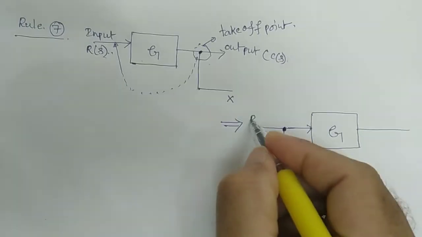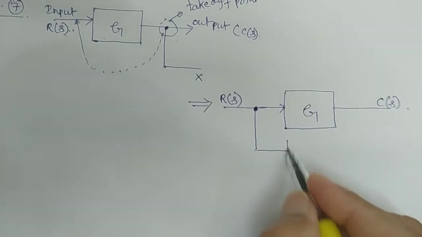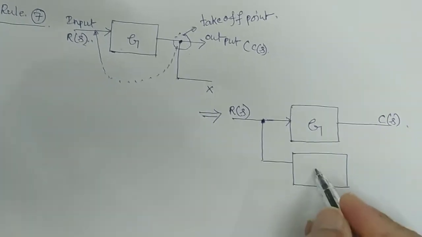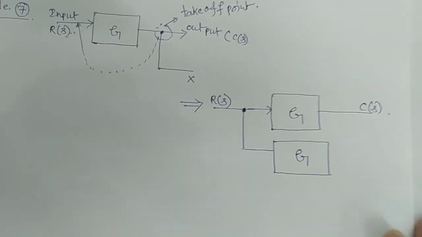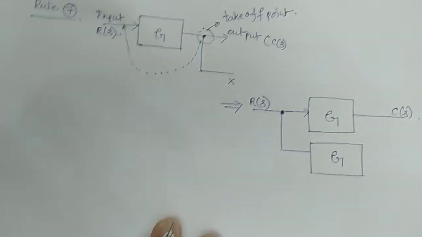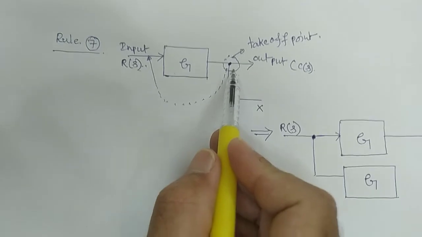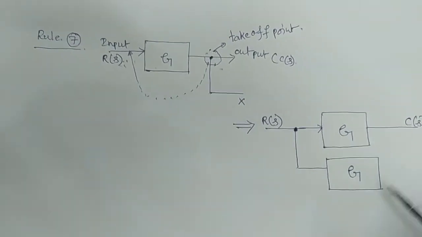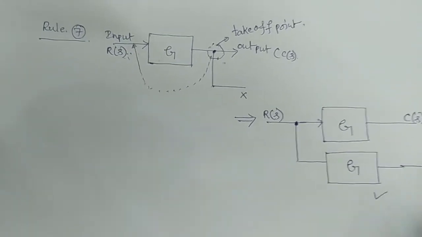Then this is your R of S, obviously this is your C of S, and here what comes is simply G. In the previous rule we have seen it is 1 by G, no, it is simply G. It means that if the takeoff point is after the block and you shift that block to before, it will simply be simplified like this.